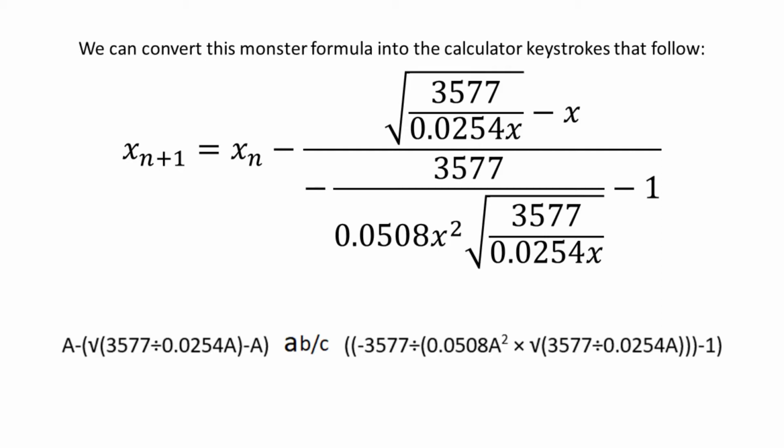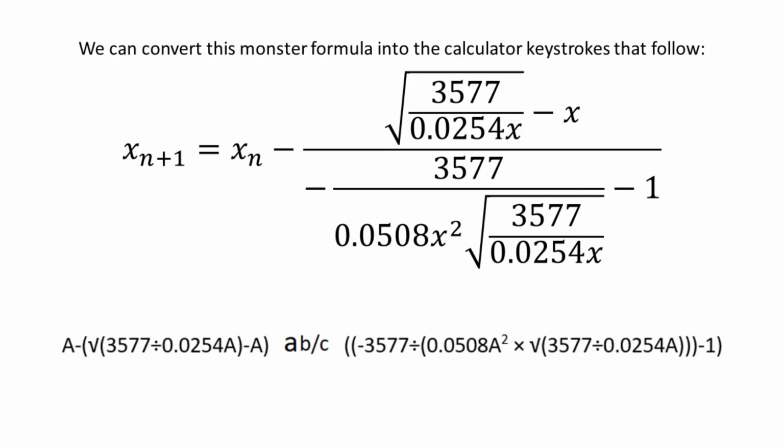It'll work on most calculators. And then hit the parentheses two more times. Negative 3577 divided by parentheses again, 0.0508 A squared times the square root of all of this, the parentheses 3577 divided by 0.0254 A, close parentheses, close parentheses, close parentheses, minus 1, close parentheses.